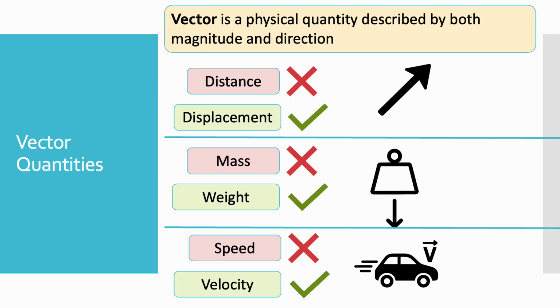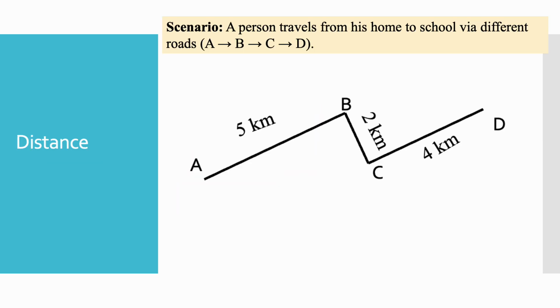If I say the car is moving at 60 km per hour towards the east, that is a vector because direction is included. Let's start with distance. Distance is the total length of the actual path traveled.